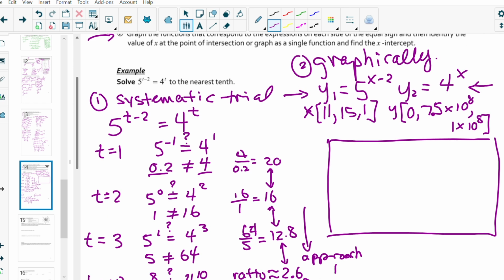Here we go. So here's the sketch of my drawing.